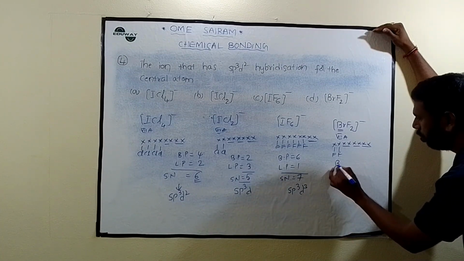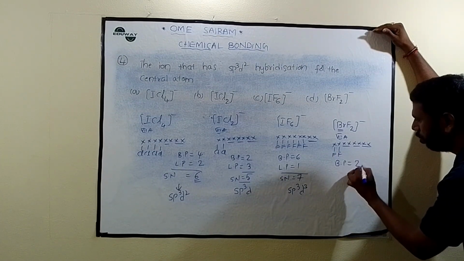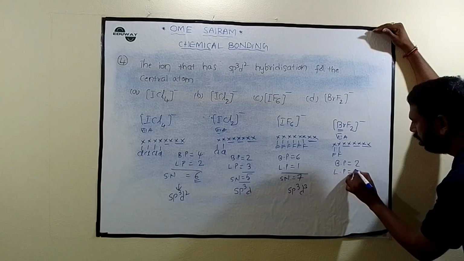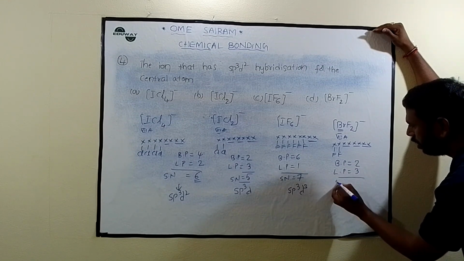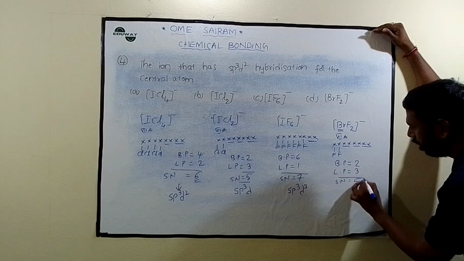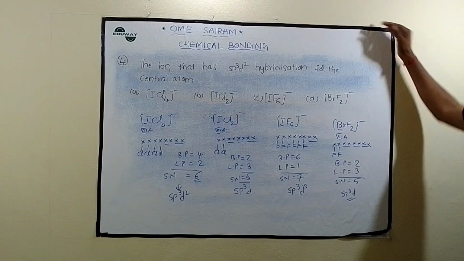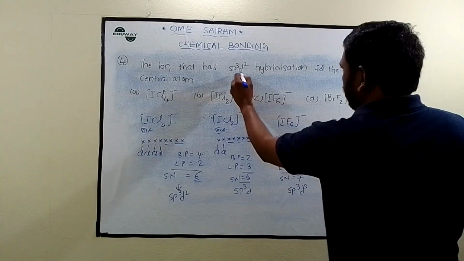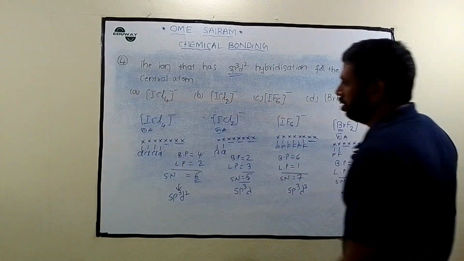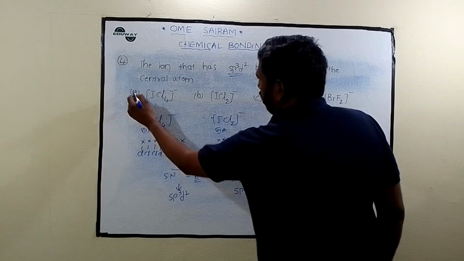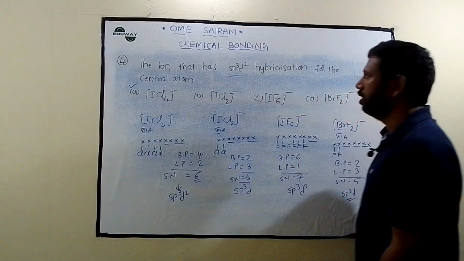Now how many bond pairs? 2 bond pairs. How many lone pairs? 3 lone pairs. The steric number is 5 and hybridization is sp3d. So what is the answer? sp3d2 hybridization. So the first one, A, has sp3d2 hybridization. Have you understood all?